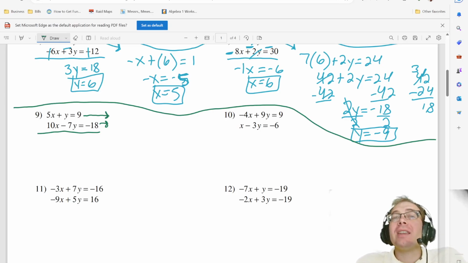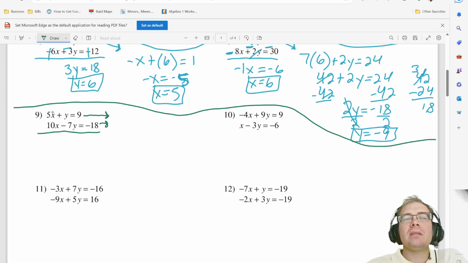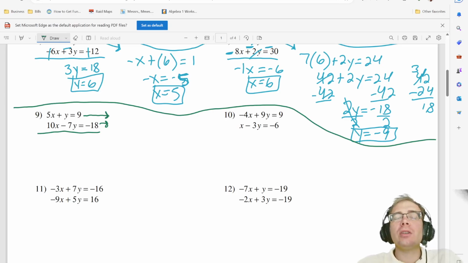The first thought, the simplest thing to do would be to just times each equation by the first number you see. Meaning I would times this first equation by 10, since the second equation has a 10 in the front. And then I would times the second equation by 5, since the first equation has a 5 in the front. So the simplest thing to do is to times the equations by each other.